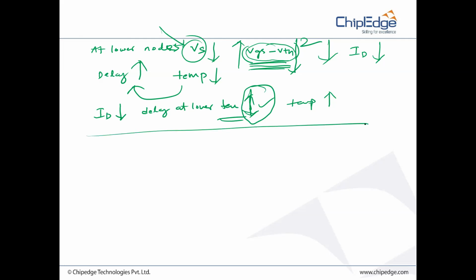So then ID must increase. The ID also should increase, then only delay will decrease. Please understand, ID is reducing. That means if you take your capacitor, now ID is very less. That means it takes more time to charge or less time to charge?